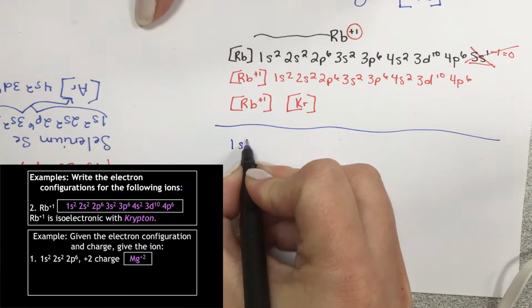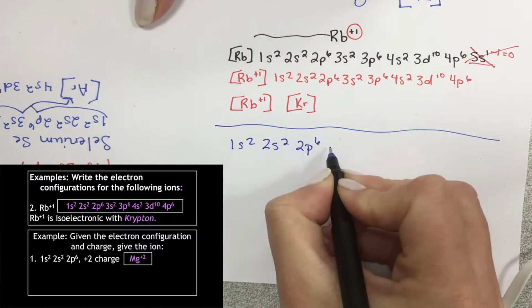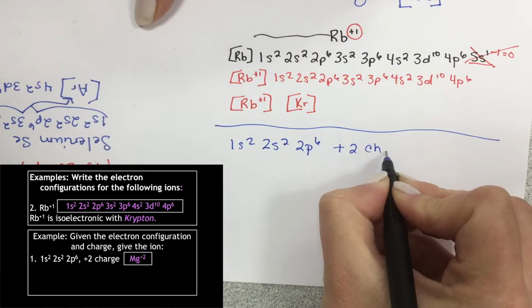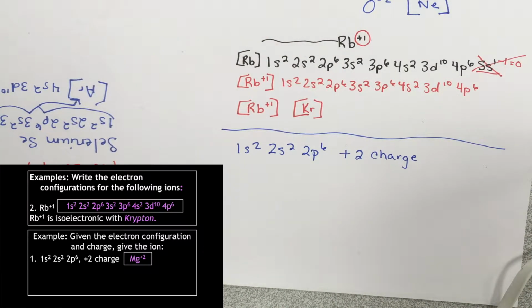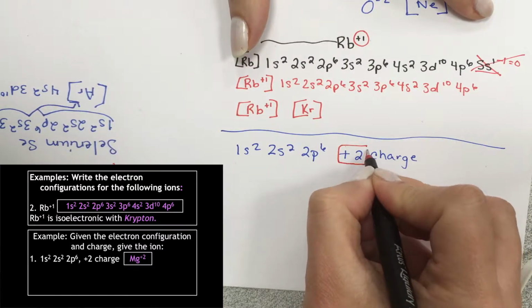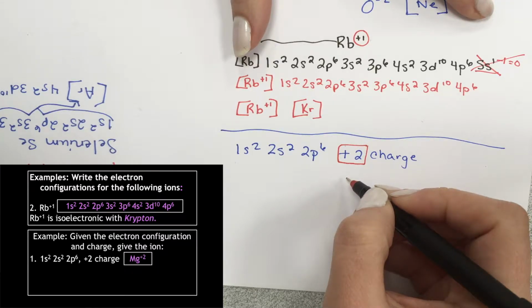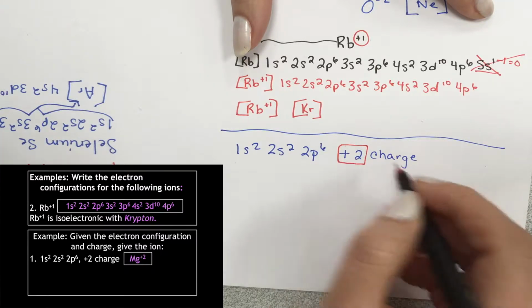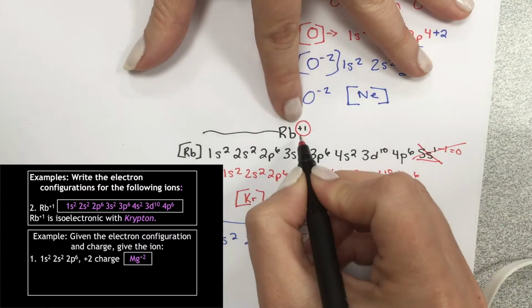It was 1s2, 2s2, 2p6 with a +2 charge, okay? There are about 6 or 7 questions on the test with this. So you remember how here we actually did the opposite, right?